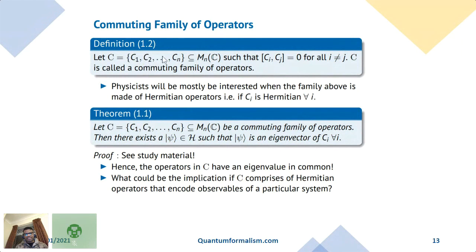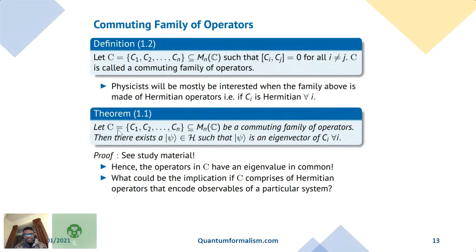This set is called a commuting family if any two distinct members, that's why I put i different from j, commute. Again, maybe another possibly confusing comment: if I were a physicist, I would probably want these to be a family of commuting Hermitian operators, right? Those are the operators we are interested in. Of course, we also want unitary ones, but those will come in the next session.